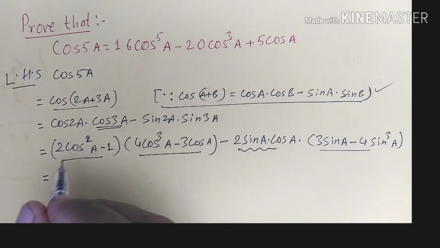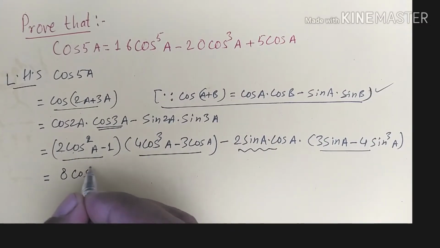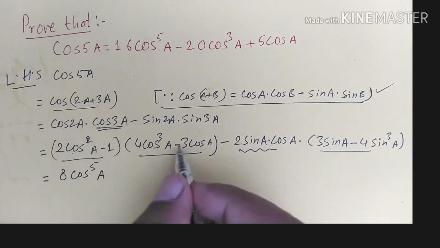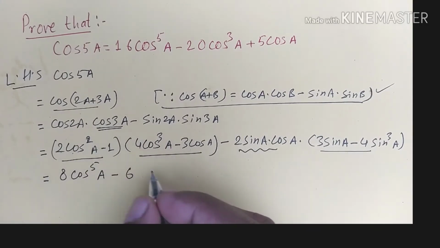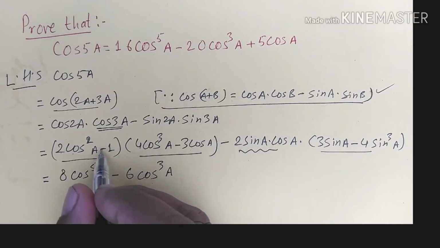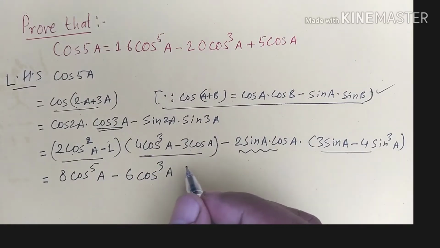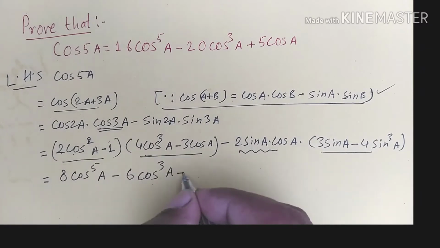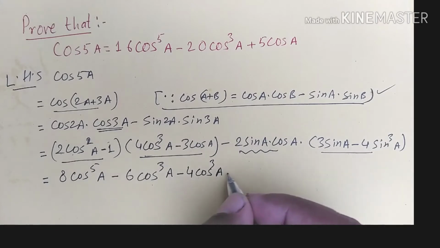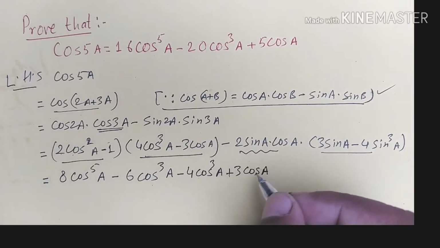If you do so, you will get 2 4 are 8 cos square a, cos cube a will be cos power 5a. Here is a plus and here is minus, plus minus, 2 3 are 6 cos cube a. Now this minus 1 will multiply this term, then you will get minus 4 cos cube a, and minus into minus plus 3 cos a.